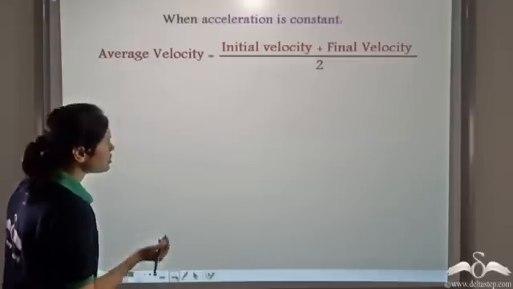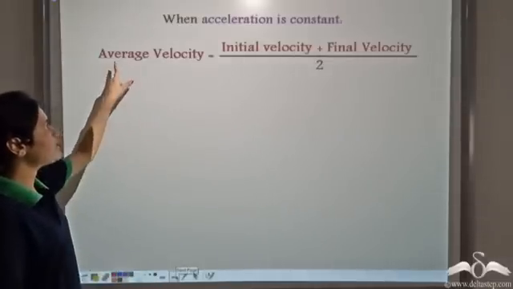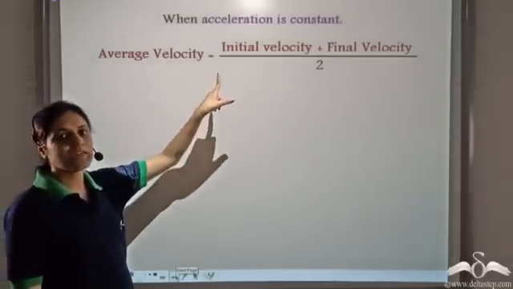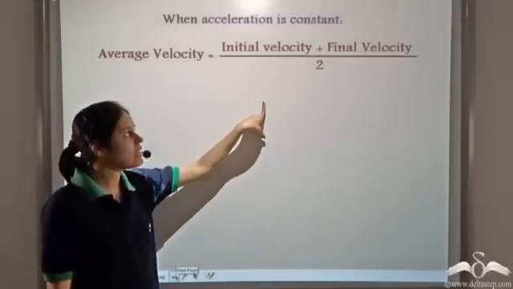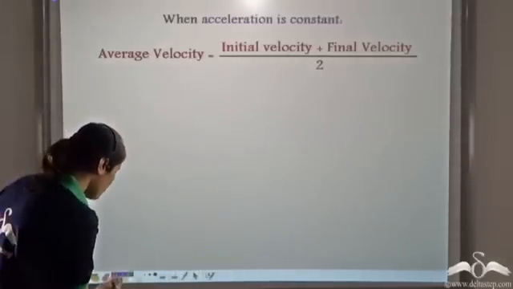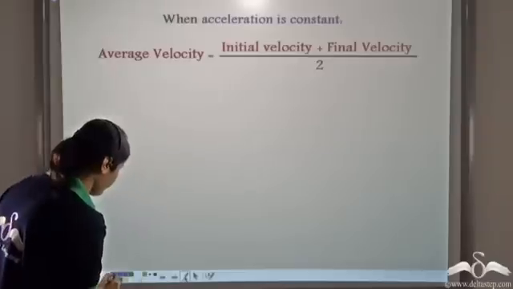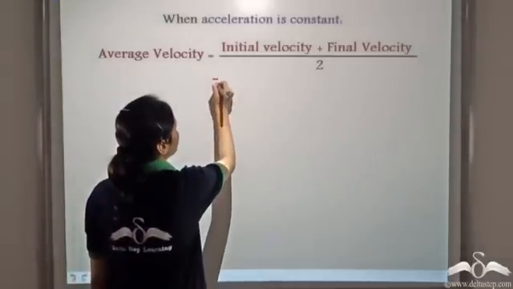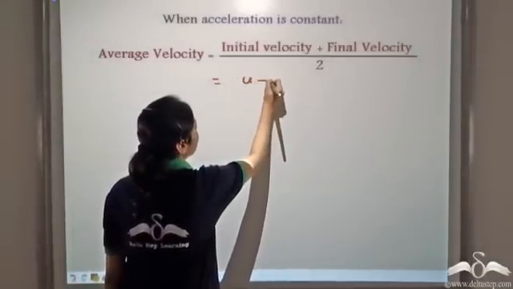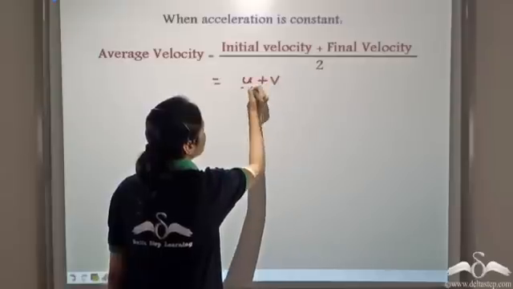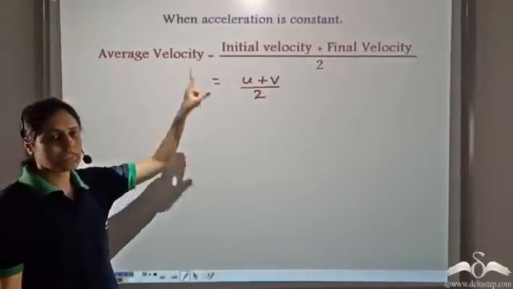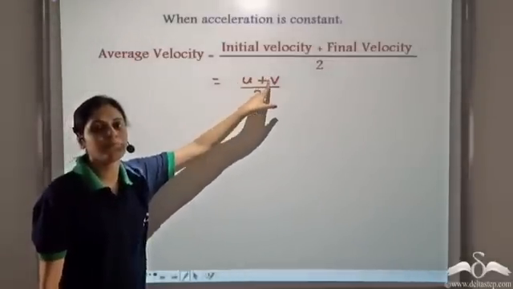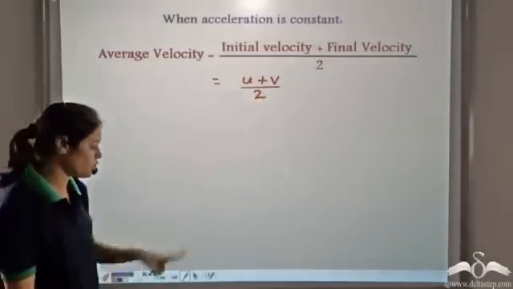Now, when the acceleration is constant, we can say average velocity is equal to (u plus v) by 2. So, average velocity is equal to initial velocity plus final velocity by 2.